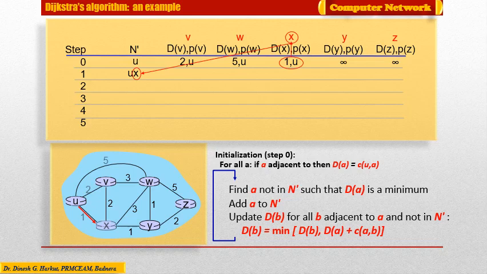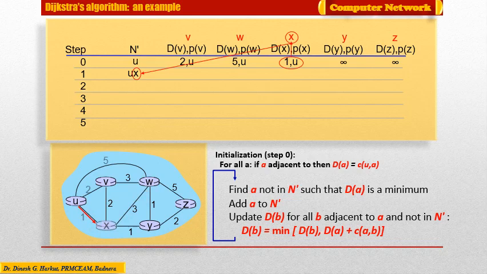The cost of the path to node W, which was 5 at the end of the initialization, through node X is found to have a cost of 4. Hence, this lower cost path is selected and W's predecessor along the shortest path from U is set to X.